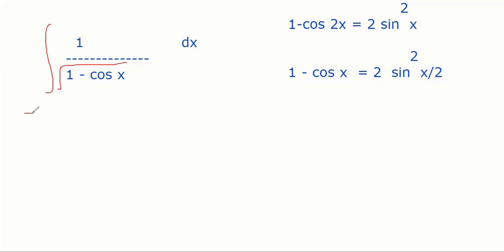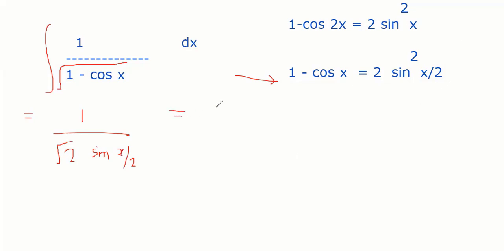So now 1 over root of 1 minus cos x is 1 over root of 2 sin square x by 2. So root 2 stays outside and it becomes sin x by 2. Everybody agree? Root of sin square x by 2 is sin x by 2.